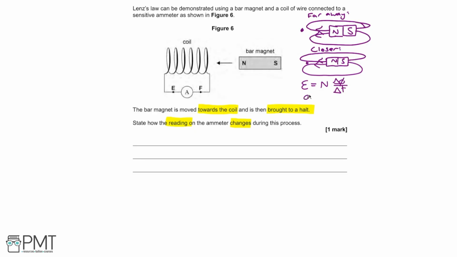Since phi is equal to BA times cosine theta, where we don't need to worry too much about this definition in rigorous detail to answer this question, we can see that because B is changing, we'll experience an EMF being produced because this changes phi. So the magnetic flux is changing. Because the magnetic flux is changing in a given time, there's the EMF. Now, because there is a complete circuit that the coil is connected to, this means that we also get a current.